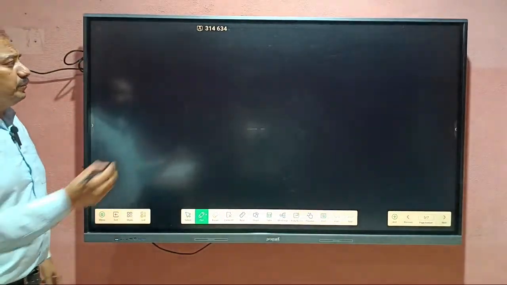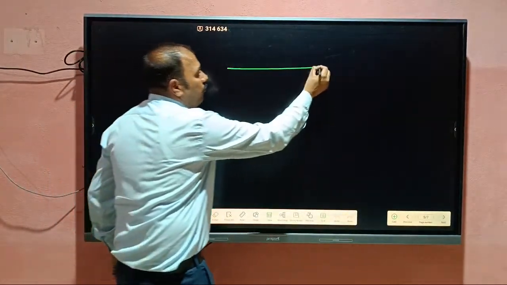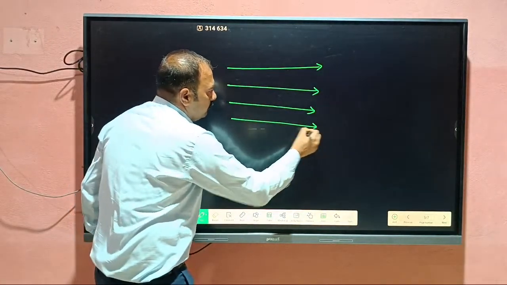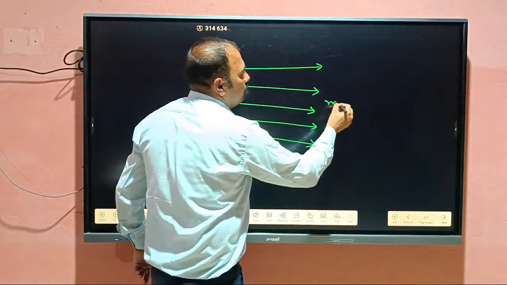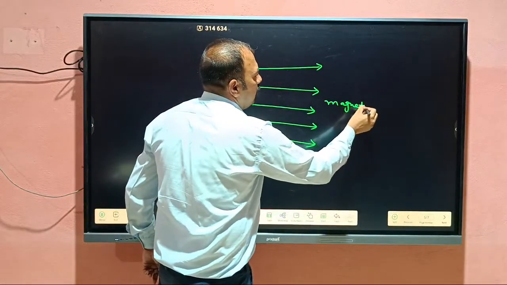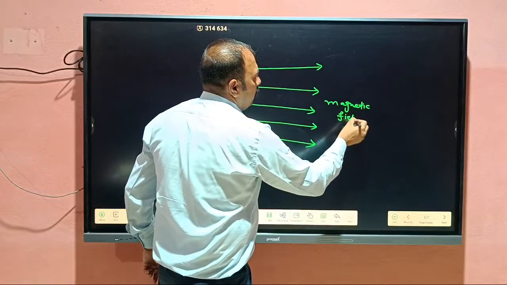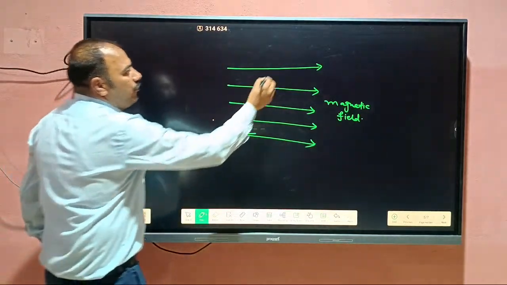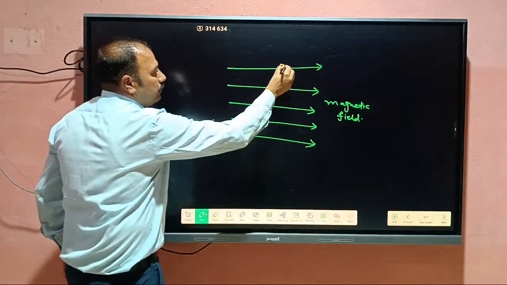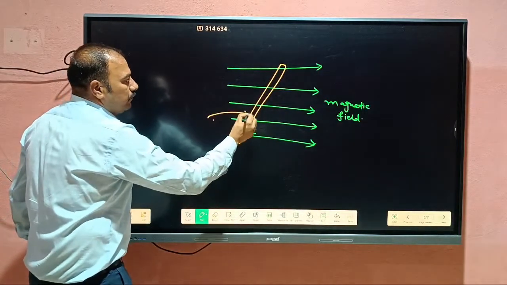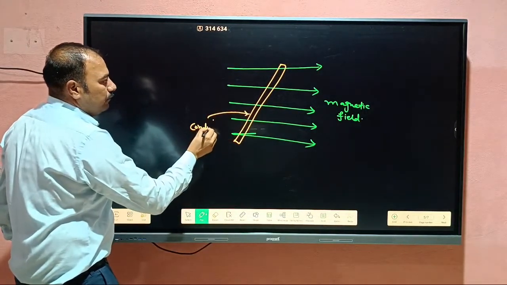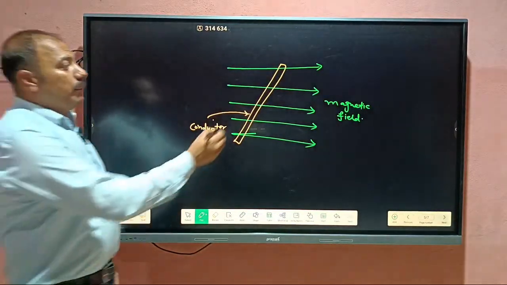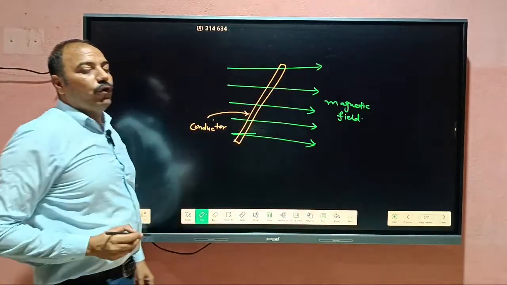So for example, this is a magnetic field, and this is a conductor. When we place a conductor in a magnetic field, the magnetic field applies a force on the conductor.